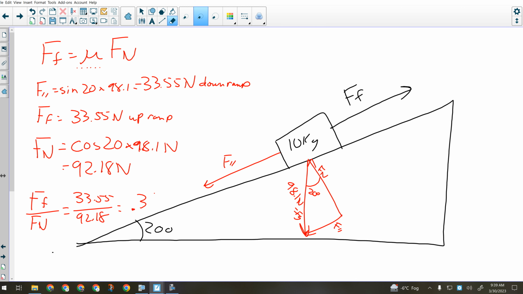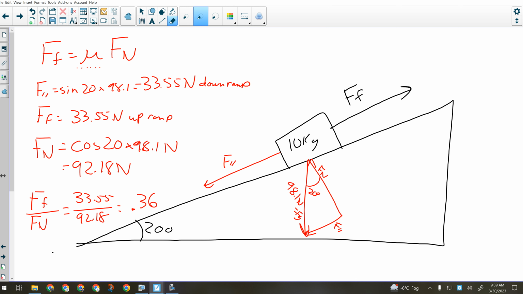Now, an interesting question came up a minute ago. What are my units? There aren't any. I divided newtons by newtons. They cancel. Coefficient of friction has no units. It is basically the percentage of normal force that provides friction. You're dividing the force of friction by the normal force.